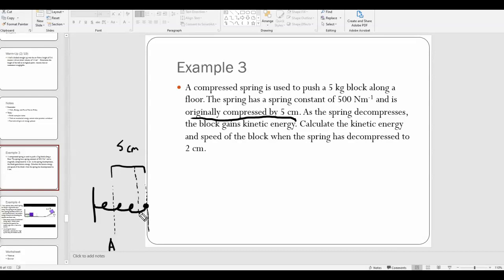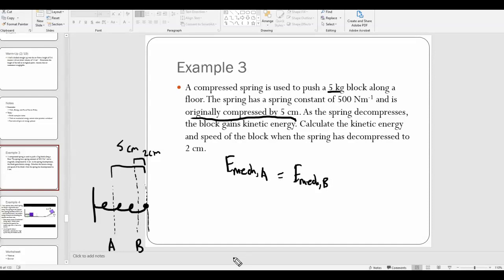And so point B is going to be right here, where this separation is 2 centimeters. All right, so let's see. I know that there's nothing in here about resistive forces, and so mechanical energy is most likely conserved. And so I know that E mech A is equal to E mech B.